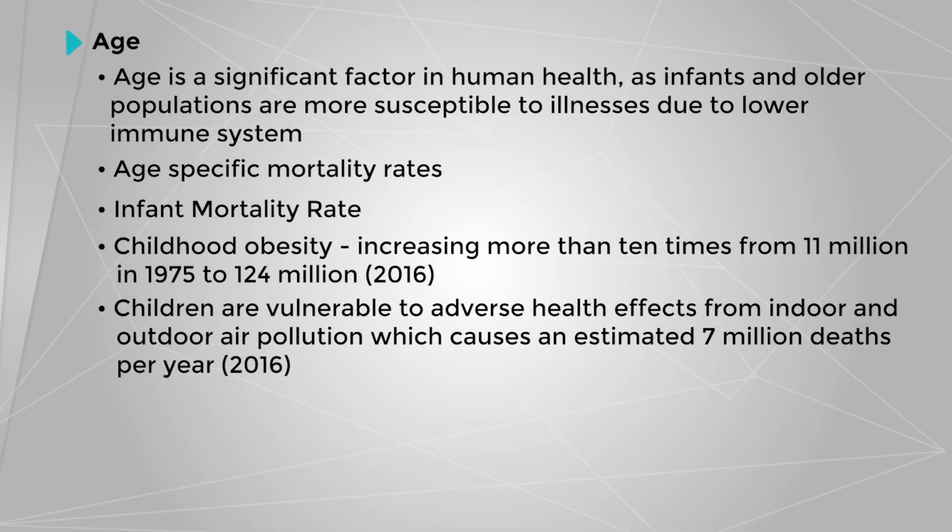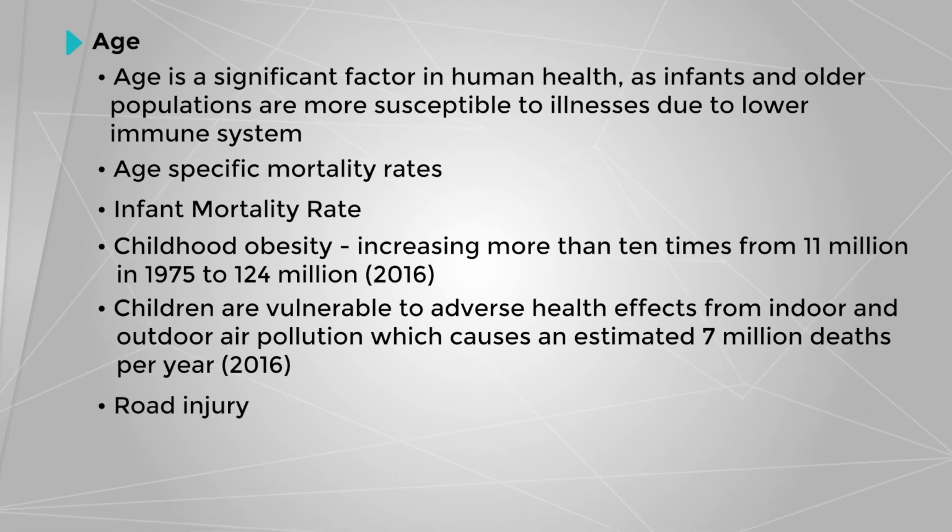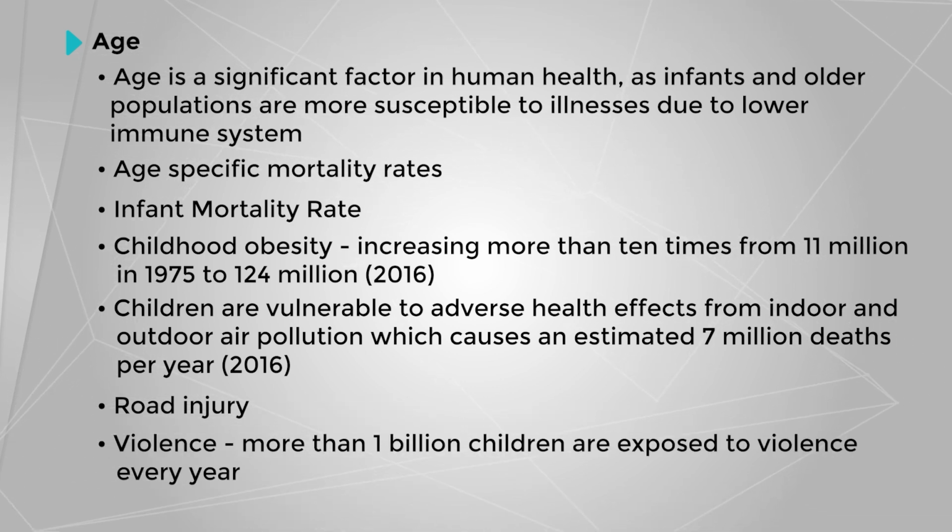Children are vulnerable to adverse health effects from indoor and outdoor air pollution, which causes an estimated 7 million deaths per year. Road injury is another leading cause of death for children and young people aged 5 to 29 years. And more than 1 billion children, half of all children in the world, are exposed to violence every year.